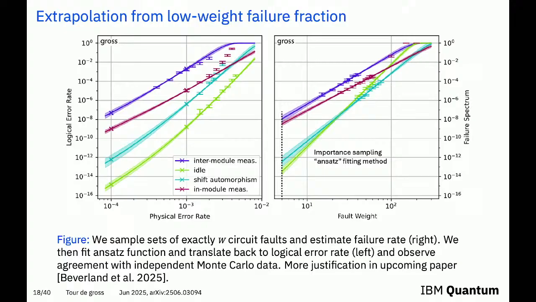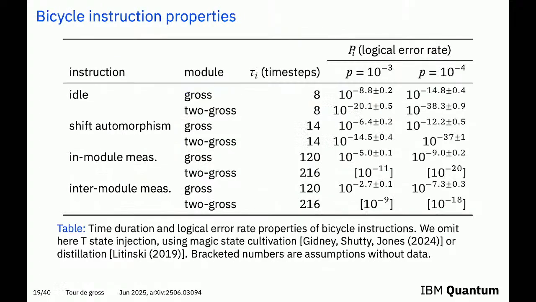You can confirm that for the gross code here because, let me see. Okay, yeah, so here for 10 to the minus 3, we have about 10 to the minus 8, 8.8 apparently. And for 10 to the minus 4, we have 10 to the minus 15. So that's where these numbers come from.